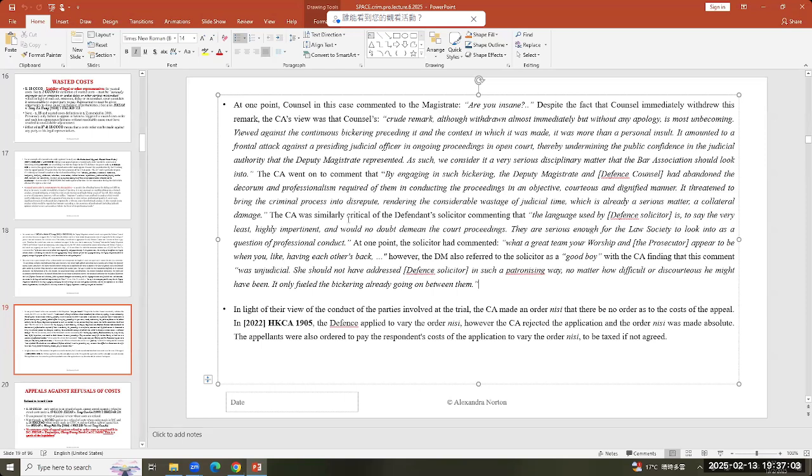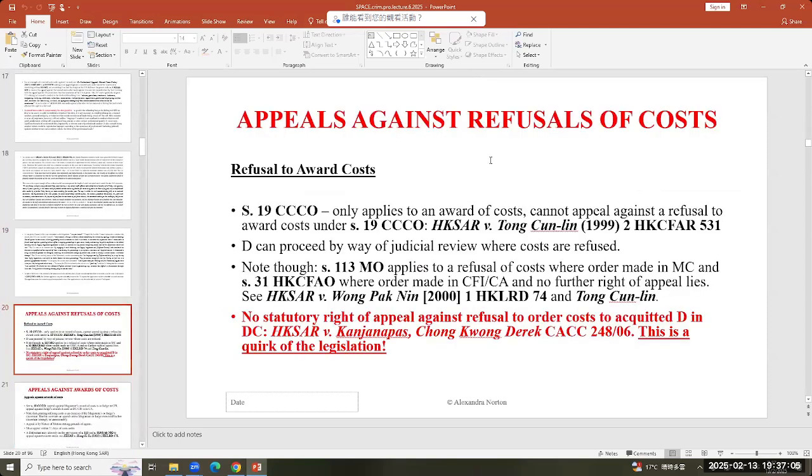Okay. All right. So let's talk about what if you apply for costs and those costs are refused. Under Section 19 of the Costs in Criminal Cases Ordinance, you can appeal an award of costs, but not appeal a refusal to give you costs. So if the defendant is acquitted and he applies for costs and the court refuses his application, then he cannot appeal under Section 19.